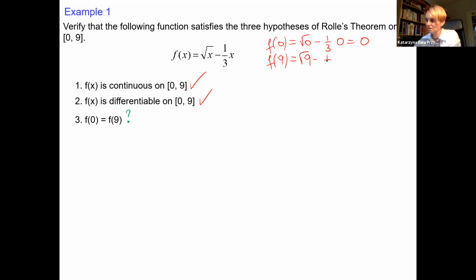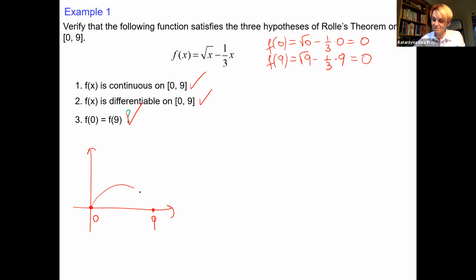Square root of 9 minus 1/3 times 9 is 3 minus 3. Okay, yes, this is correct. Now, what is the conclusion? That's important. The value is the same. I don't know how this function looks, I don't have a graph, but f of 0 is 0 and f of 9 is 0.